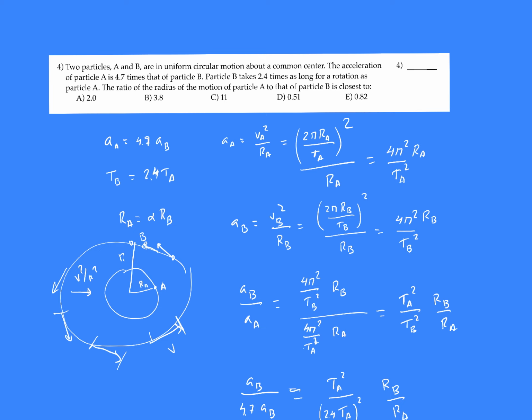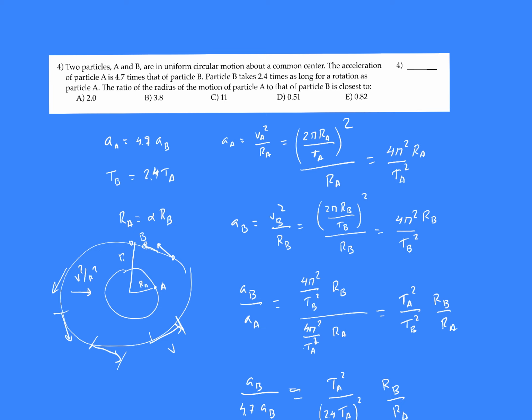So AA is VA squared divided by RA, where VA is 2 pi RA divided by TA, because it's uniform circular motion.